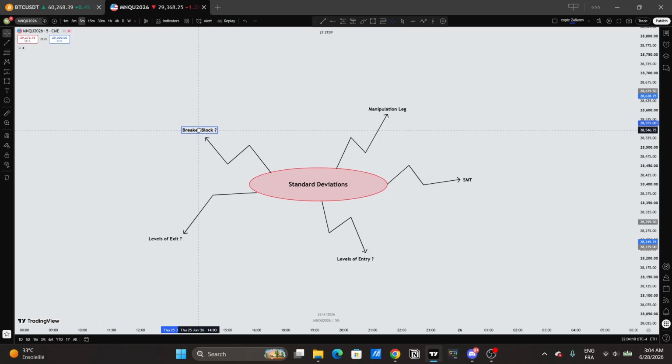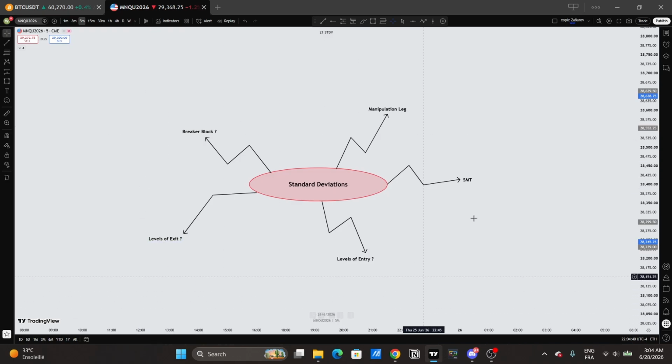You might see this one as the imposter or the weirdest one, but the breaker block, as ICT himself said many times, is one, if not the most important and strong PD array that he has out of all his concepts.